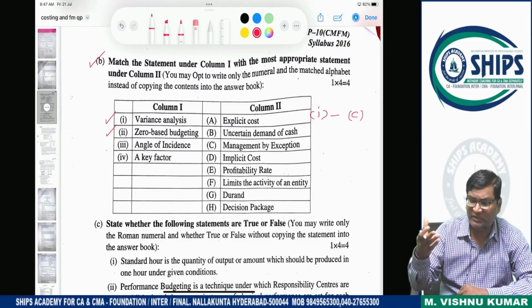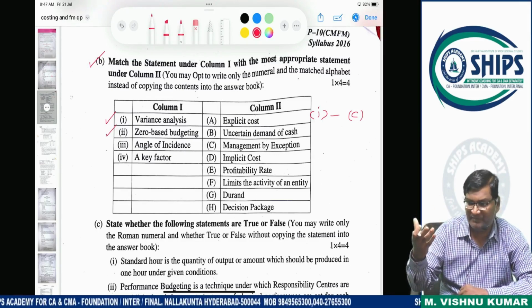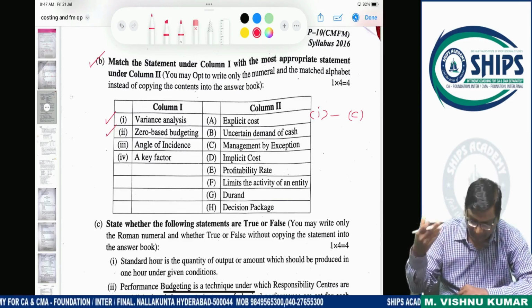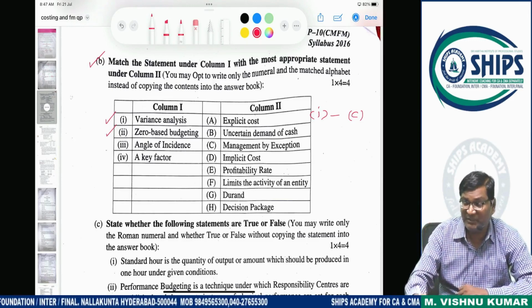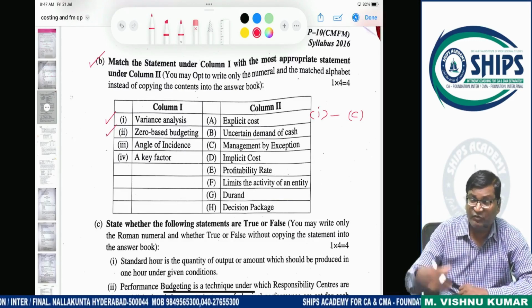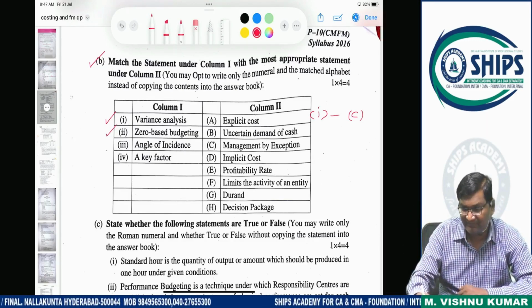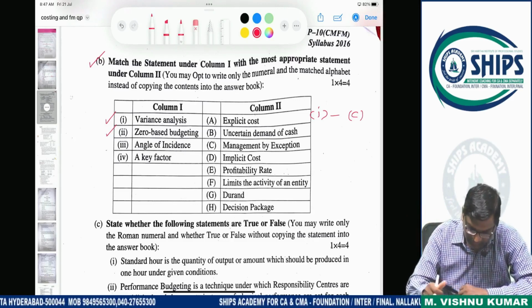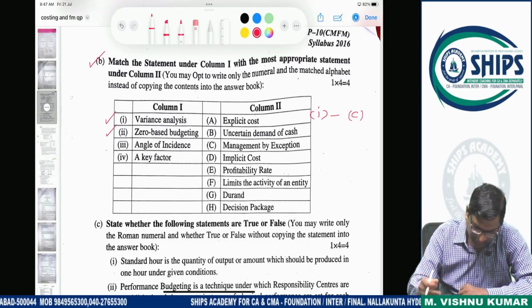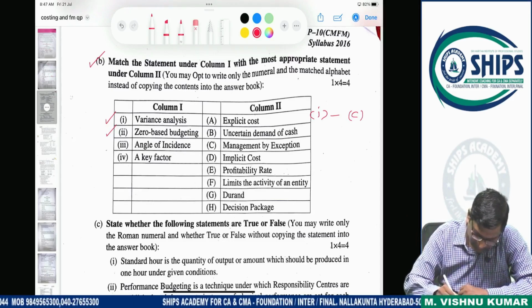So this is nothing but planning and decision making, meaning futuristic decisions, on the basis of a zero base. So according to the options given in the question, this is the correct answer.